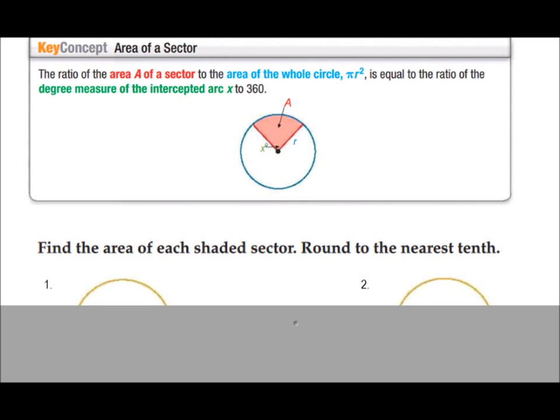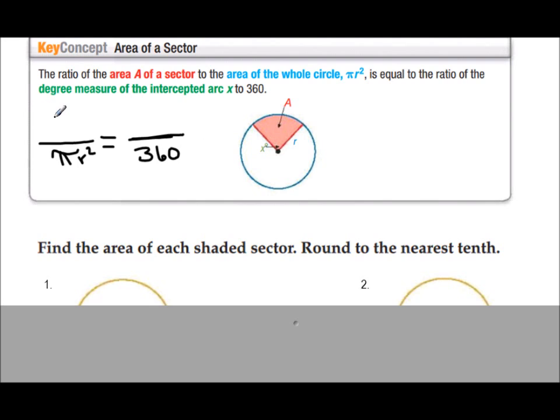Okay, when you're looking for the area of just a certain portion of the circle, this is called a sector. When you're looking for the area of a sector, it's going to be a proportion just like you did when you were looking for arc length. But this time, what we know is the area of a whole circle, pi r squared, and we know the degrees of a whole circle, 360.